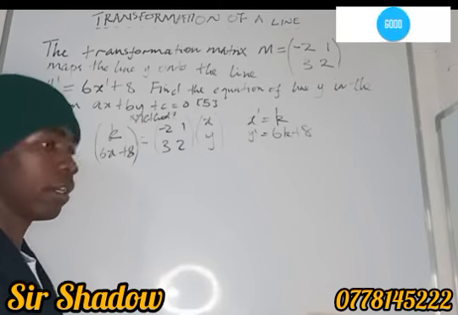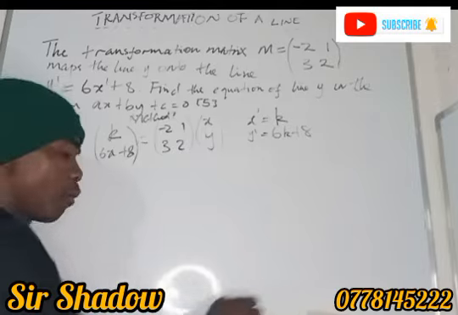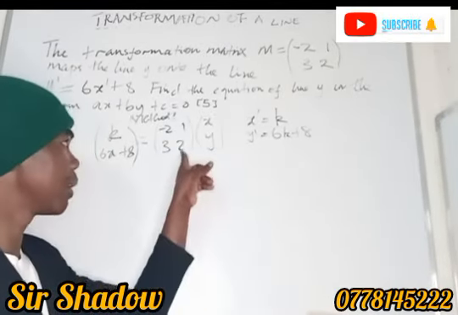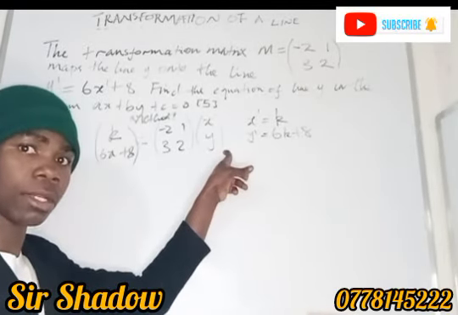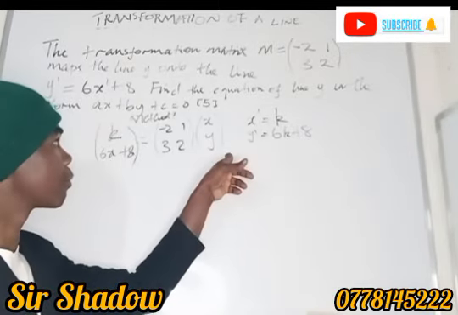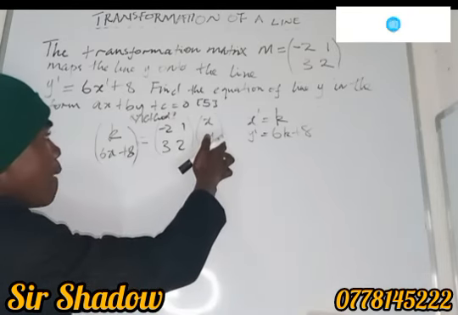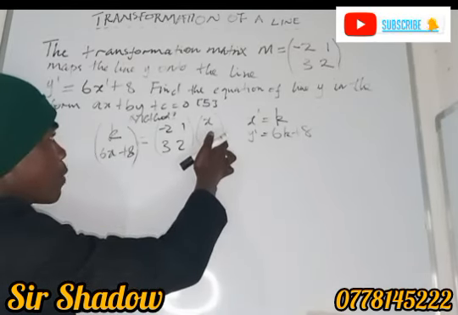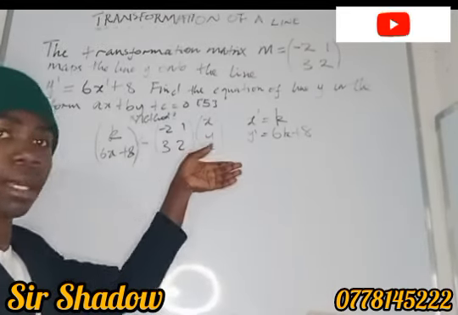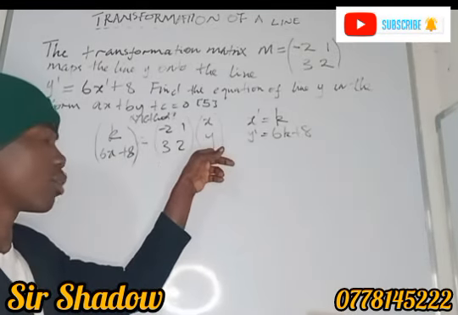From there, since we want to find the equation of the object, our next step is to make x and y the subject of formula. Remember, we are considering method number 1. So let's multiply these two matrices, a 2 by 2 matrix multiplied by a 2 by 1 matrix.